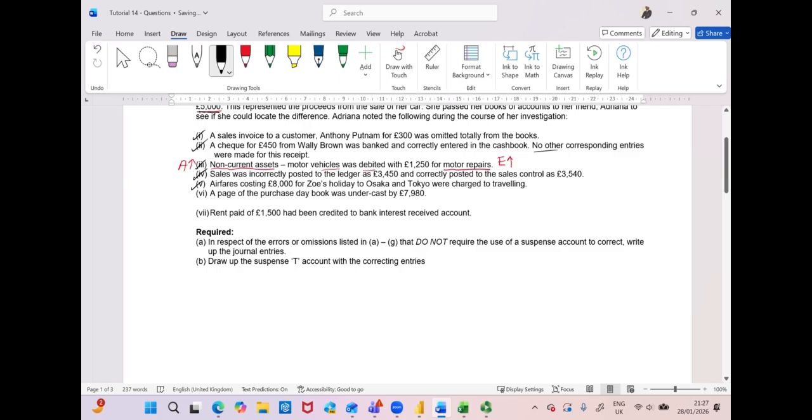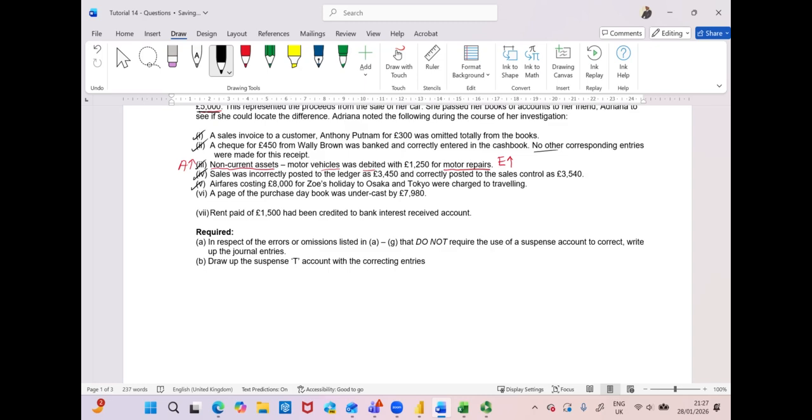A page of purchase day book was undercosted by 7,980. So you know that when we prepare the purchase day book, it's a book of prime entry. This is the book in which we record the transactions initially.